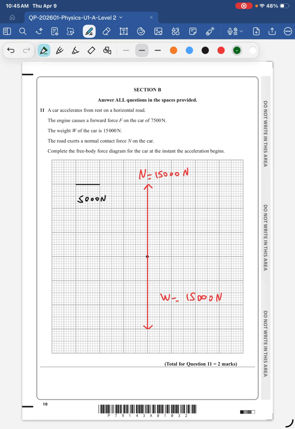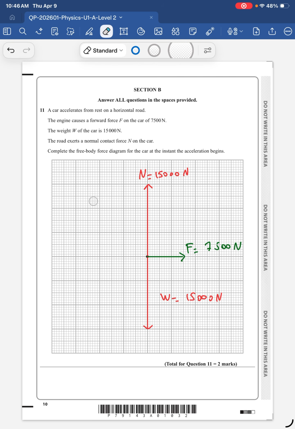So it's going to be 1.5 boxes. So that's the force from the engine. This is a complete answer, I believe. We used scale, we drew all the forces, so we are ready to go. I mean the car is ready to go, not us.